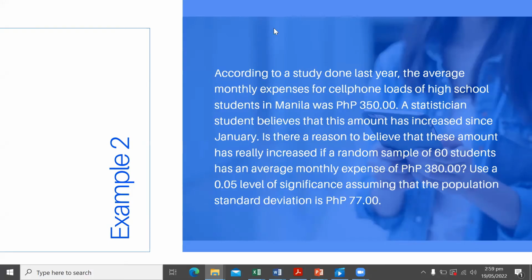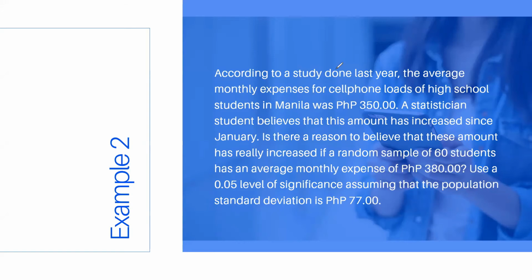For our second example: according to a study done last year, the average monthly expenses for cell phone loads of high school students in Manila was 350 pesos. A statistics student believes that this amount has increased since January.